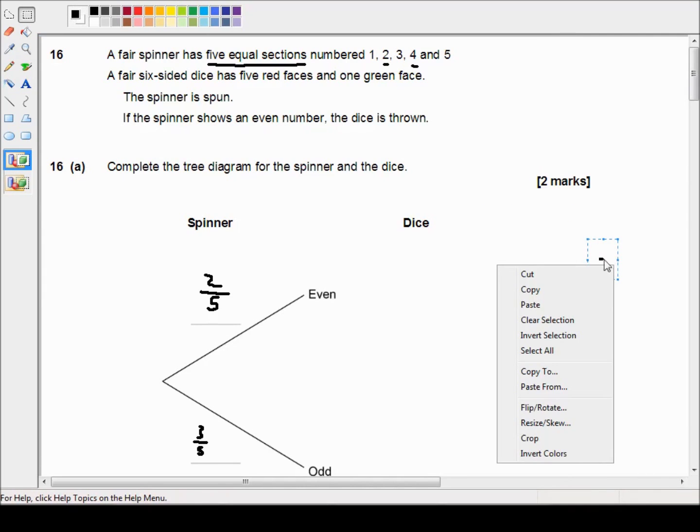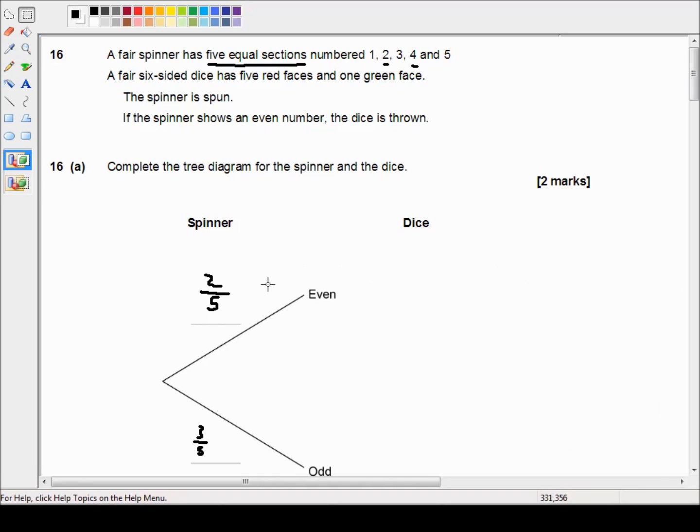Okay, so if it is even, then the dice is thrown. So let's complete this. Now, if it's even, we've got a fair 6-sided dice that has 5 red faces and 1 green face.